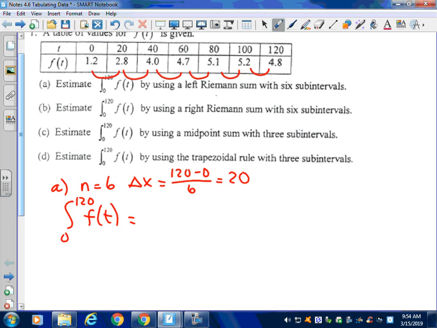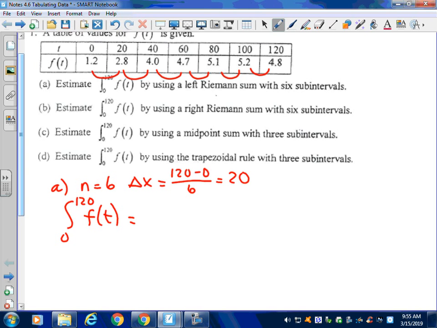It's y times delta x every time. Because f of t means y, right? So there's your hint that it's all about y, and that you multiply it by the width of the rectangle, which is what delta is about.